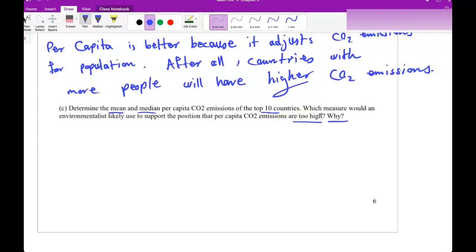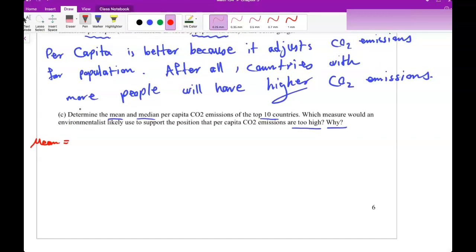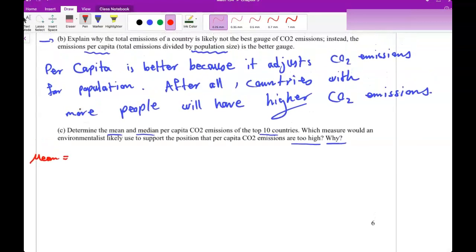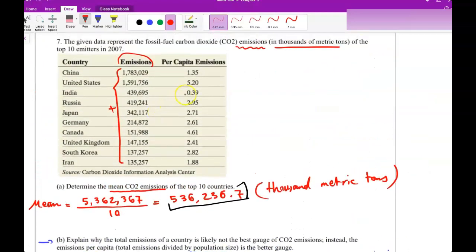Why? Okay, so first finding mean and median.